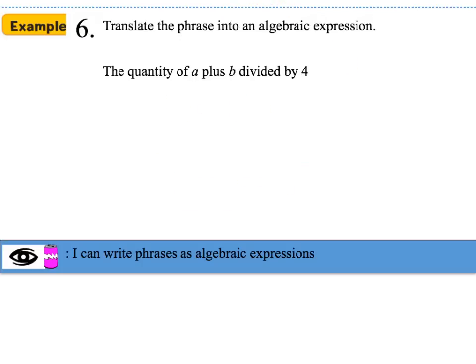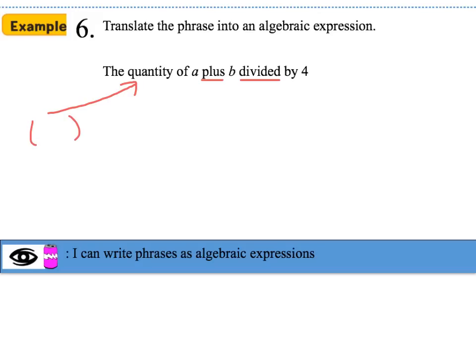Example 6 says translate the phrase into an algebraic expression. And the phrase says the quantity of a plus b divided by 4. So let's underline some of the important information. They're giving us plus and they're giving us divided by. I didn't mention this before, but anytime they give you the word the quantity, they're talking about parentheses. So the quantity means parentheses.